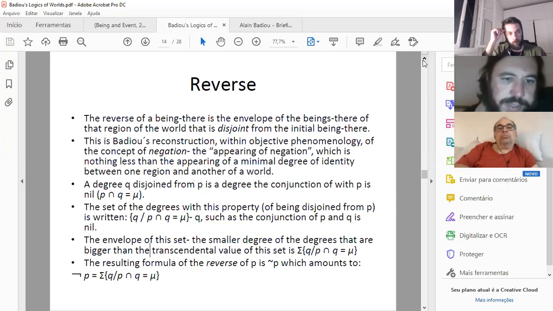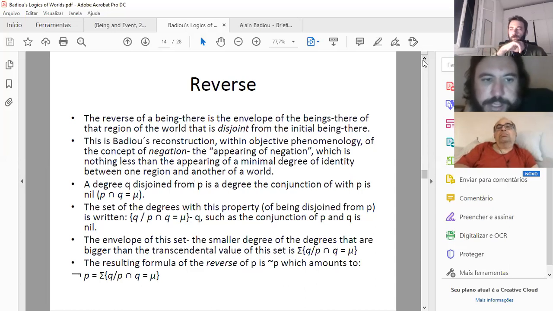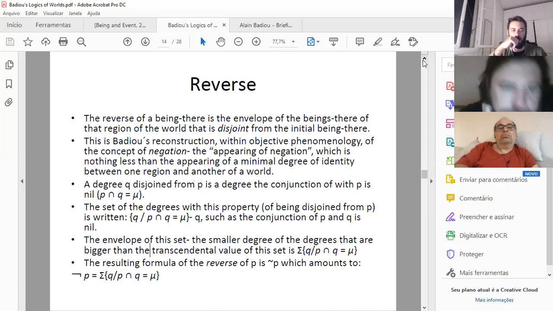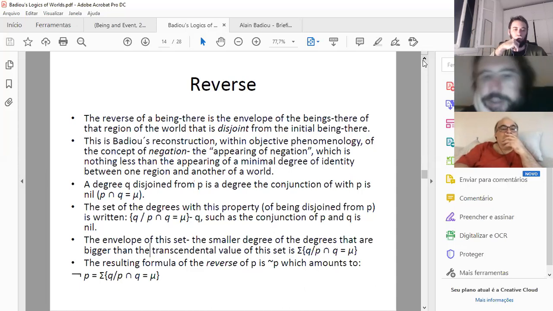The set of the degrees with this property of being disjoint from P is written, you get the formula there, Q such that the conjunction of P and Q is nil. The envelope of this set, the smaller degree of the degrees that are bigger than the transcendental value of this set, is the envelope of Q such that the conjunction of P and Q is mu.